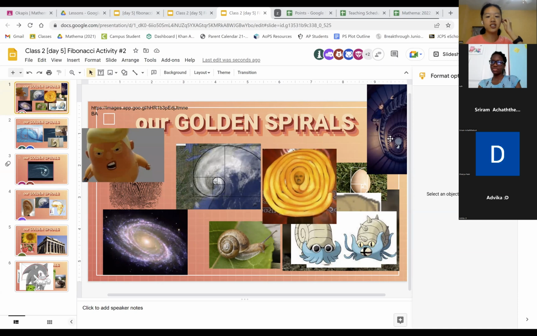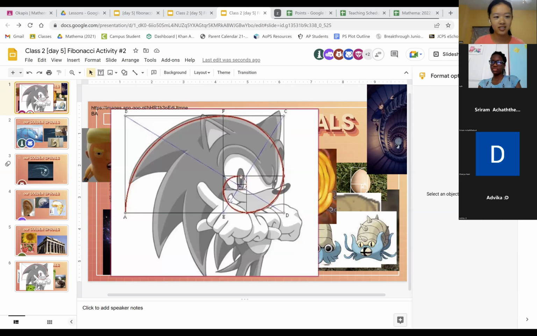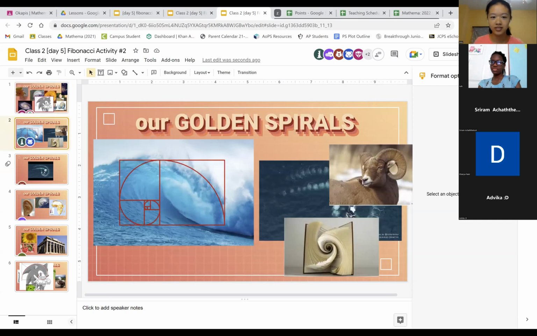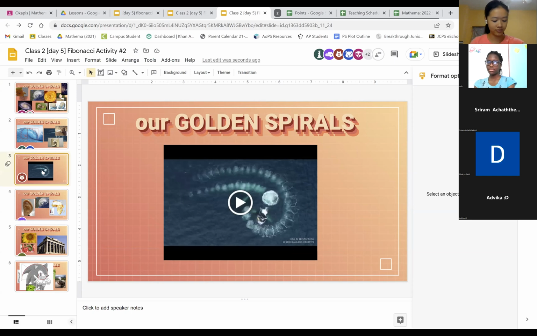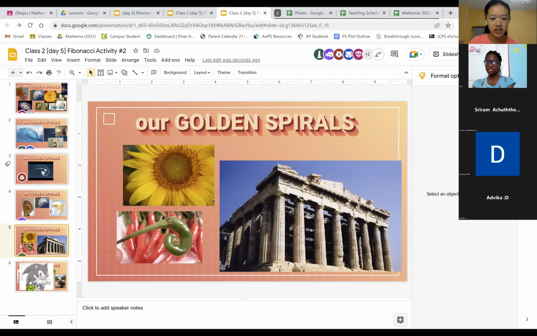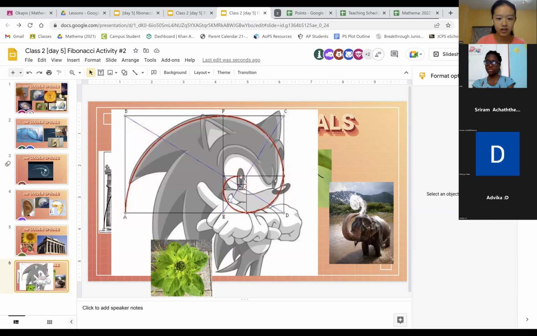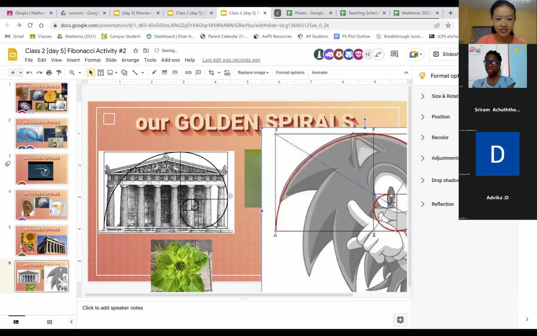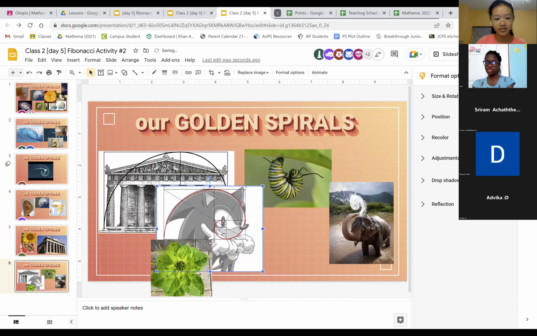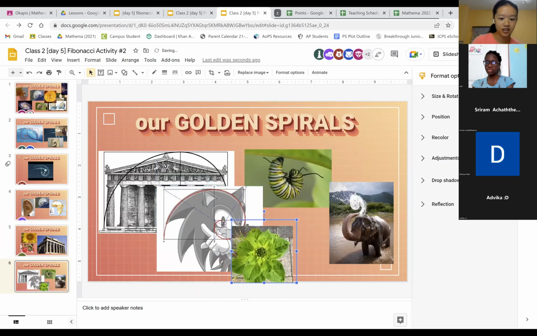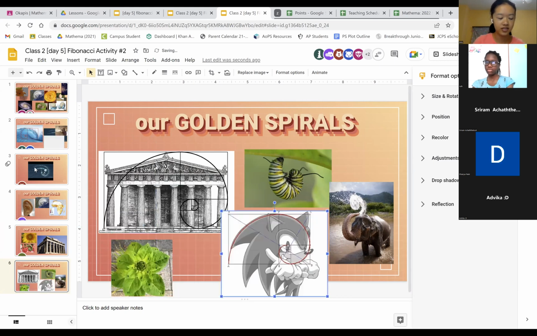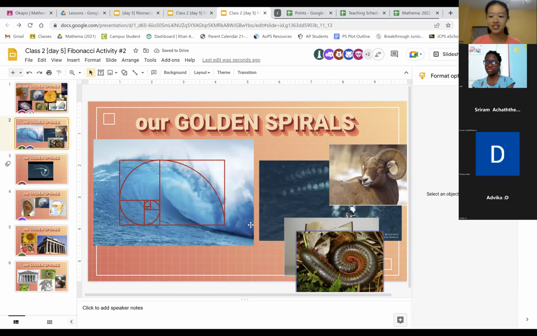Oh yeah, the stairwells, spiral staircases are a very cool example. Oh yes, rams. I forgot about that. Ram horns grow out in a spiral. Each year a new ring is added. Whales. Sonic the Hedgehog. There we go. That's nice.